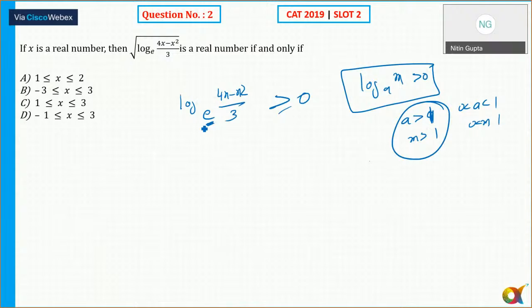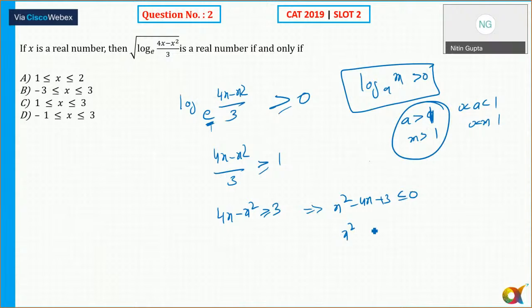If the base is greater than 1, it means the argument also has to be greater than 1, or it can even be equal to 1. Log 1 is equal to 0. So from here we get that 4x minus x square has to be greater than or equal to 1.